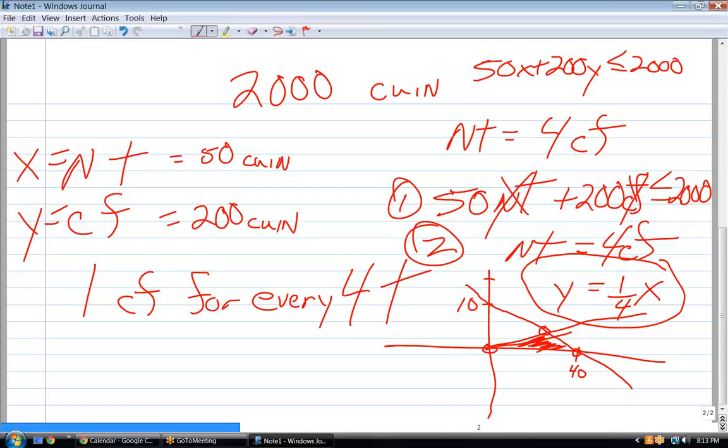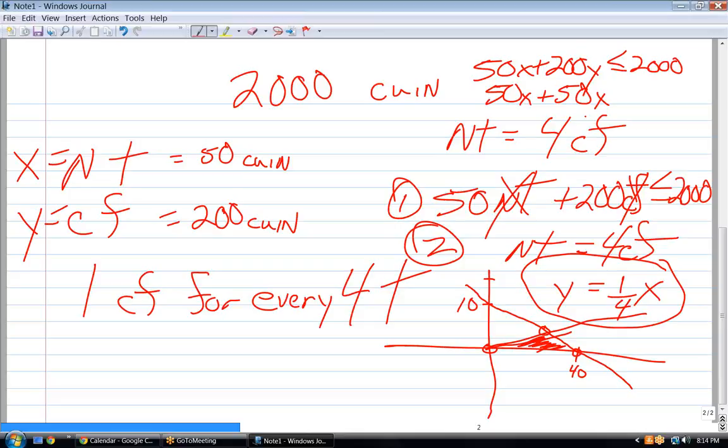Let's figure out that intersection point. How do we do that? We solve the 2 equations. Well, let's do it by substitution. In other words, I'm going to substitute 1/4 x for y.